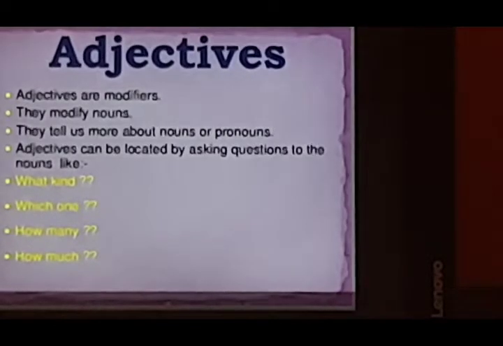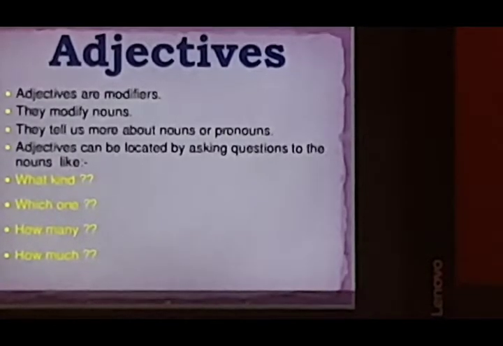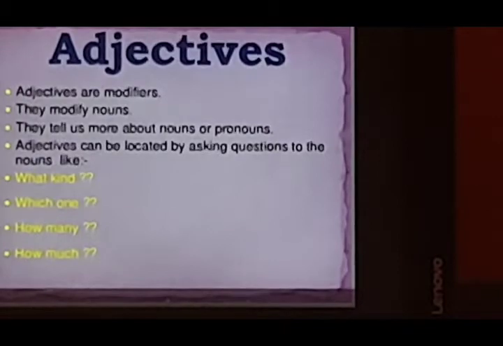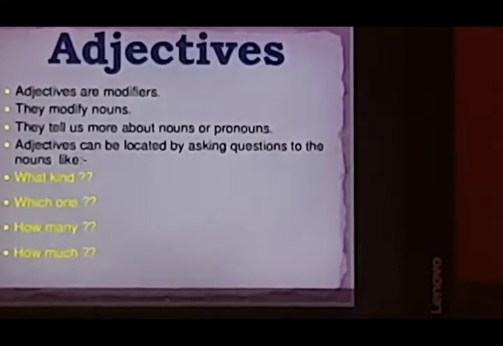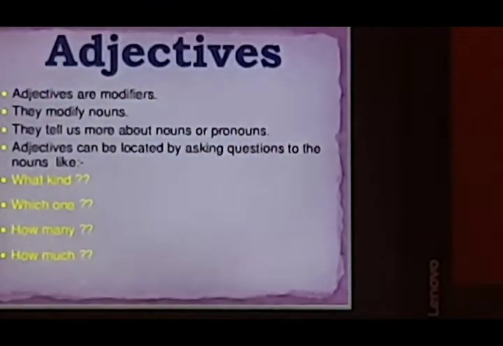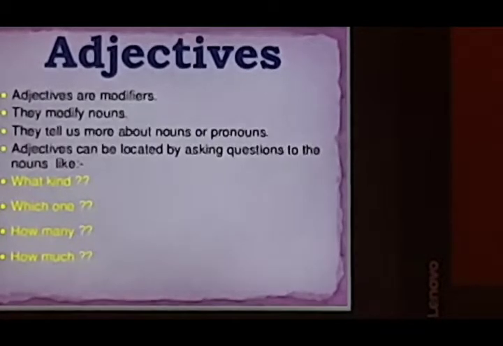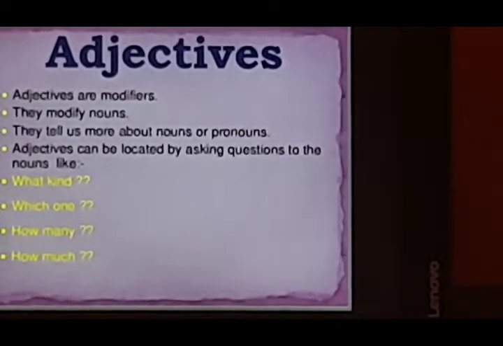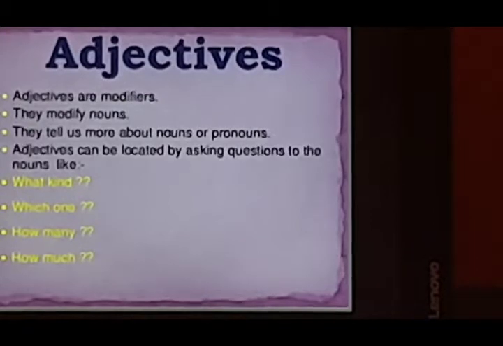What were they telling? They were telling us what kind, how many, which one. So adjectives. What are adjectives? Adjectives are modifiers. What do they modify? They modify nouns. They tell us more about nouns or pronouns.